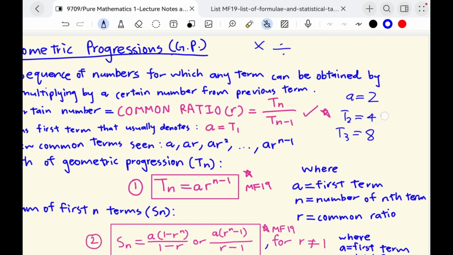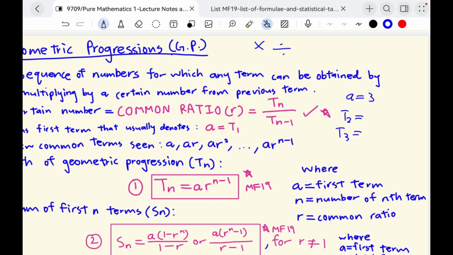So 2 can be 2 times 2, and 8 is 2 times 2 times 2. But since all numbers are 2, instead we can list it as 3, 9, 27.